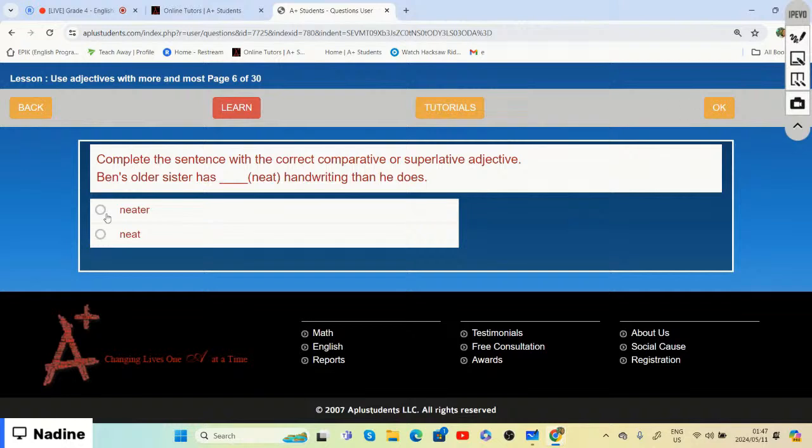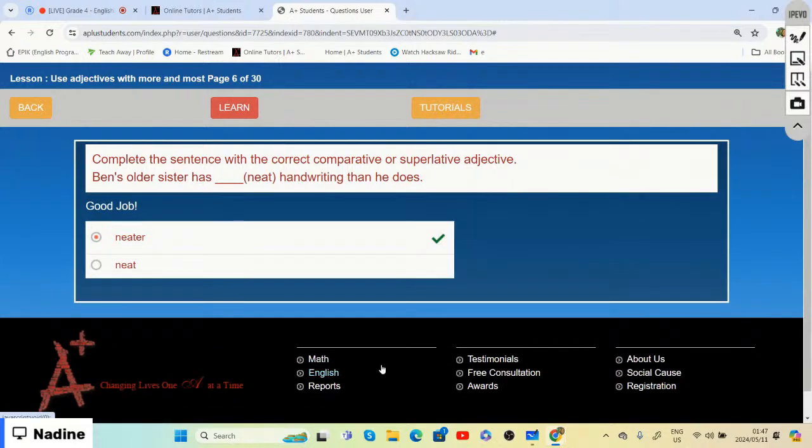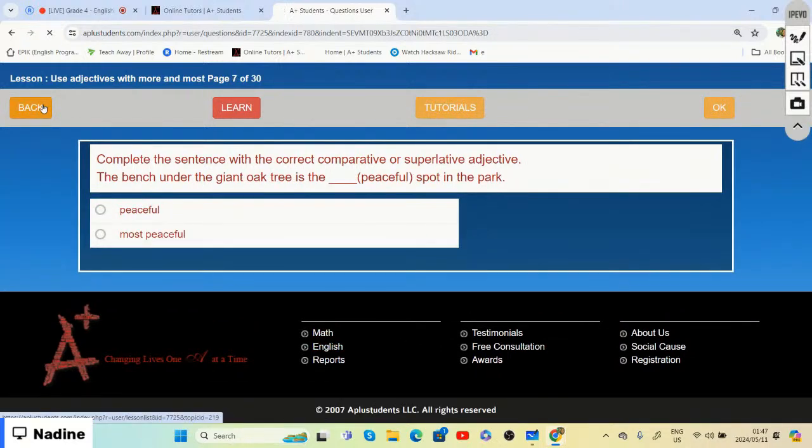All right, so we can say Ben's older sister has neater handwriting than he does.